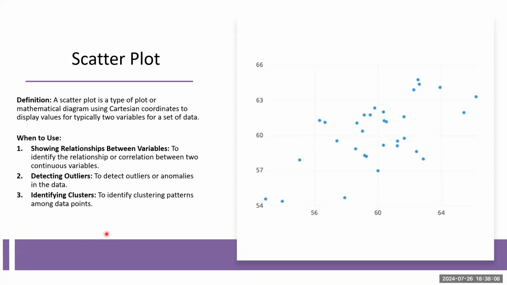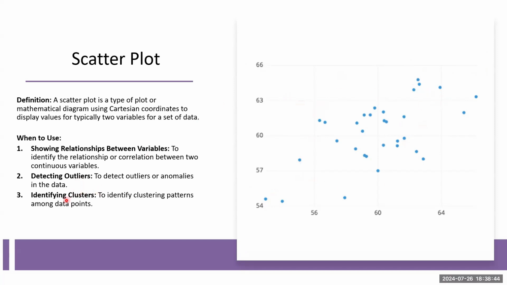Detecting outliers. Okay, outliers means that you want to see which data points are outside or are abnormal. Okay, so let's say all the data points are concentrated around this area, and you have one which is way off all of them, maybe here or somewhere here, and the rest are all here. Those data points which are way off, okay, from the concentration of most of them is an outlier.